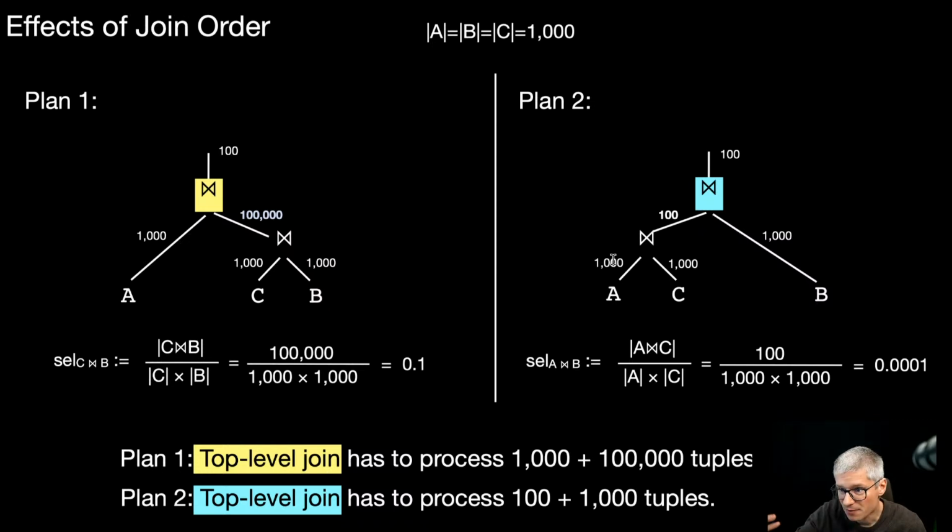However, if you look at plan 2 on the right, the join of A and C only has an intermediate result size of 100. 100 from the left into the second join, and 1,000 tuples from the right, from relation B. Right input 1,000 tuples, left input 100 tuples, the intermediate result.